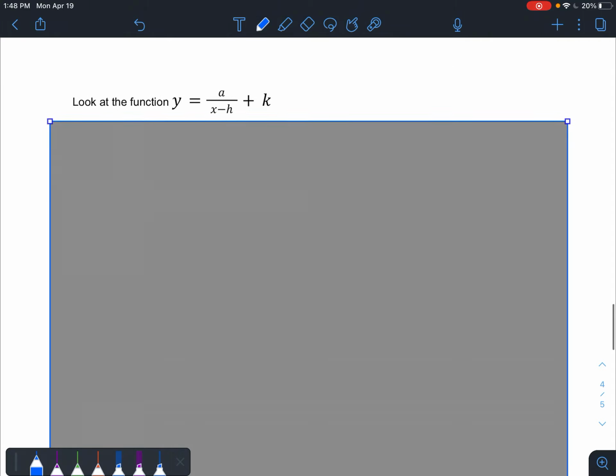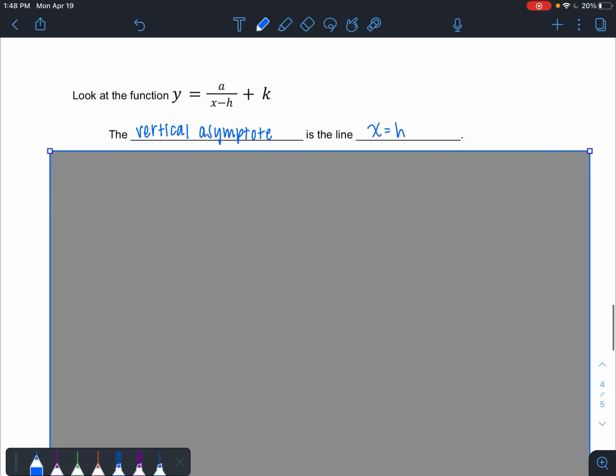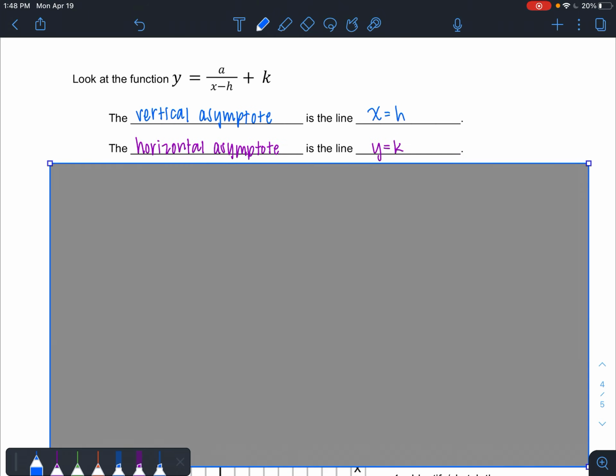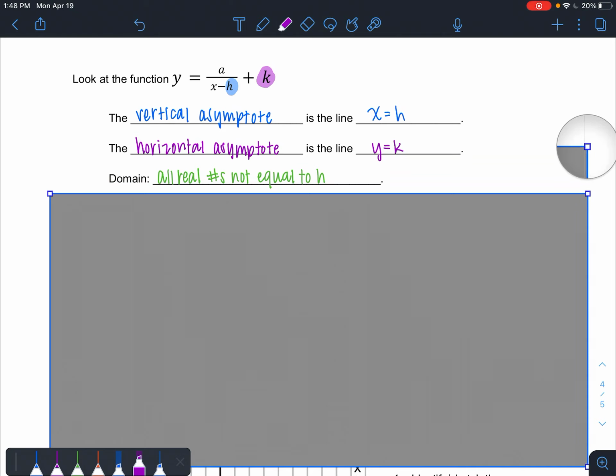just to put everything in one place and understand a little better. So we have this thing called a vertical asymptote, and the line is going to be x is equal to h. Then we have a horizontal asymptote, and the line is y equal to k. So here's our h, and then here is our k, looking at that graph.